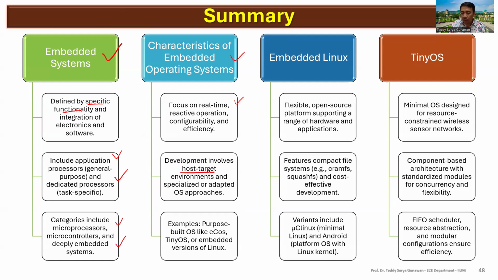You develop on the host and then deploy on the target. Examples are purpose-built OSes like eCos or TinyOS, or you have embedded versions of Linux. Embedded Linux is built from a general-purpose OS, then adapted for embedded use, while TinyOS is designed purposely for embedded systems.